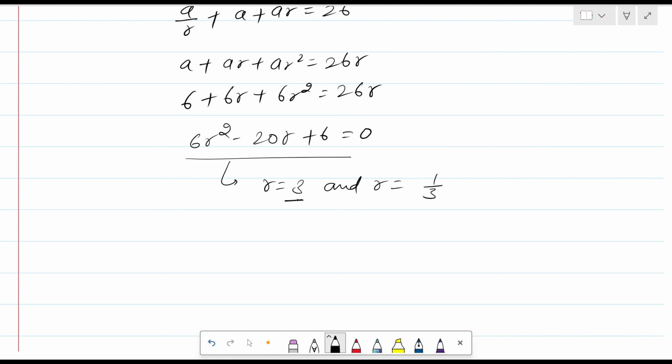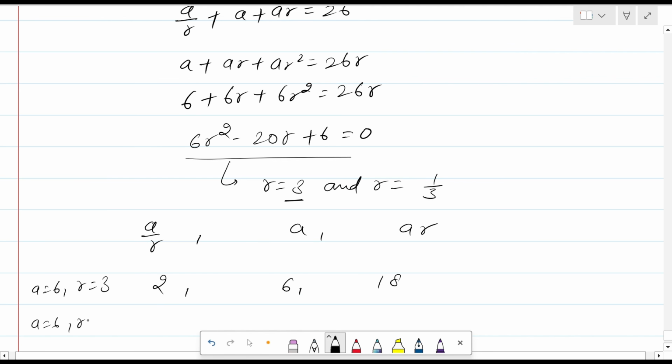If R is 3 and A is 6, then A by R, A and AR are 2, 6 and 18. If A is 6 and R is 1 by 3, then it will be 18, 6, 2. These are the two GPs for this.